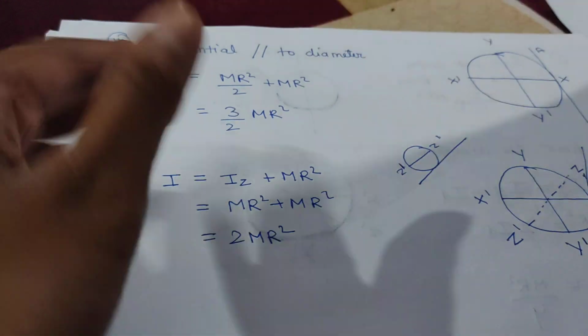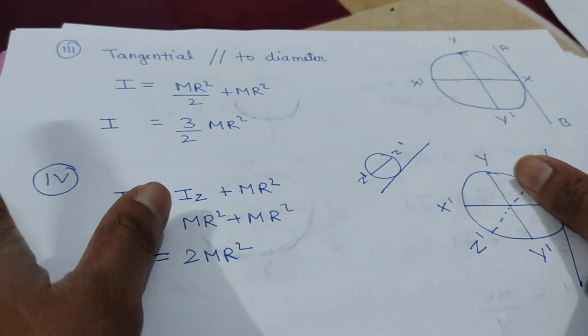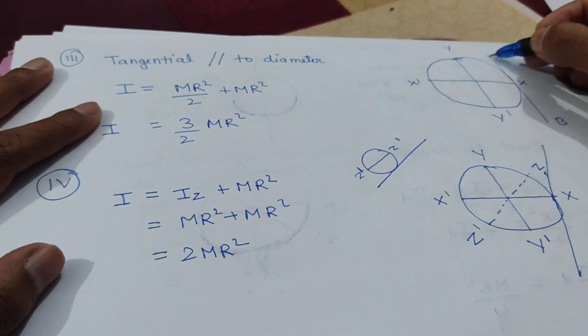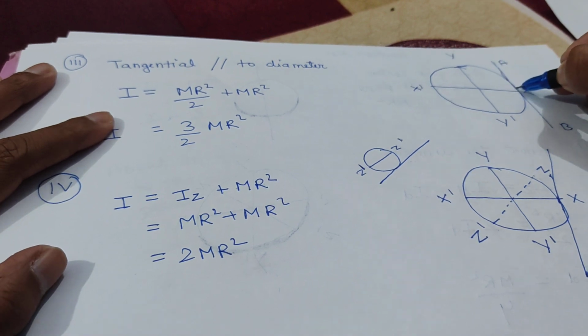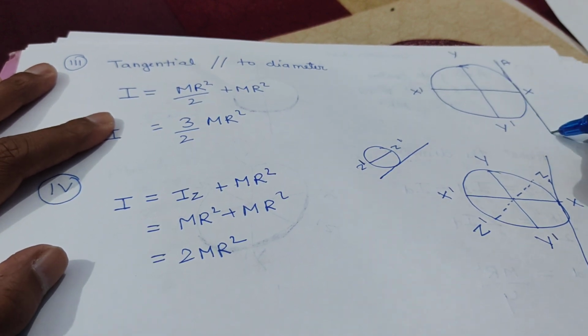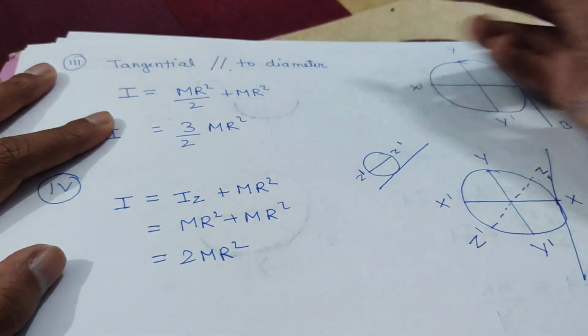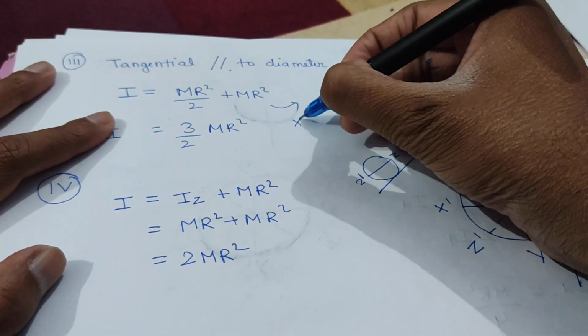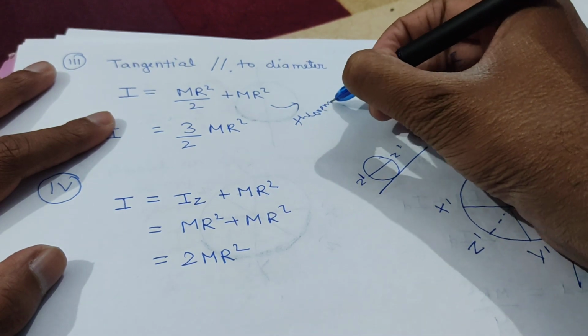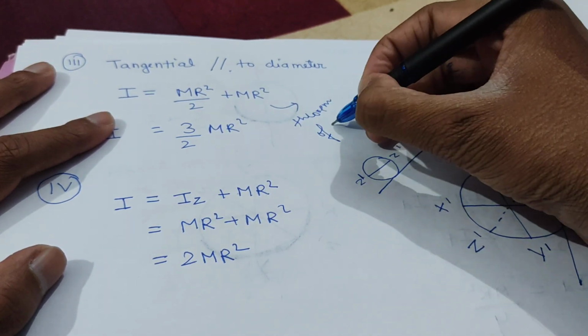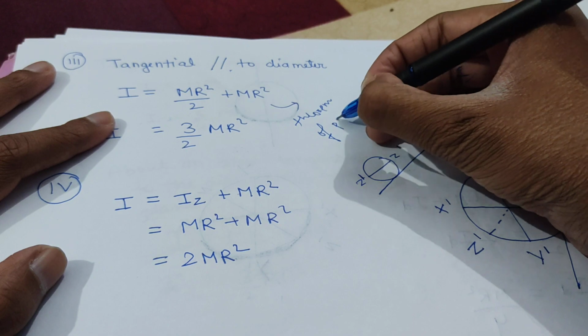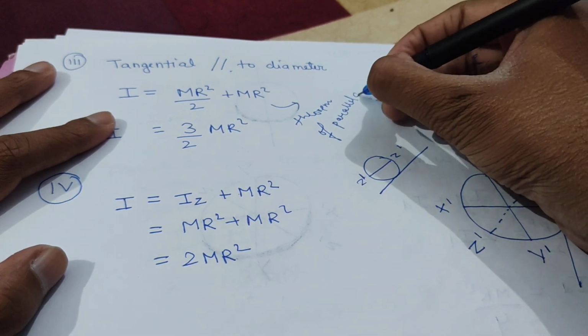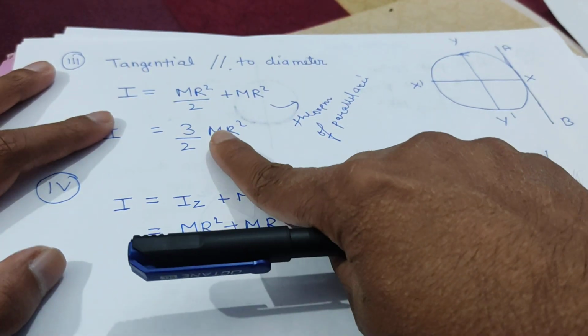Now this is also a ring, but here we are taking an imaginary axis which is passing through its end, and which is parallel to the diameter. When it is parallel to the diameter, we apply the theorem of parallel axis.